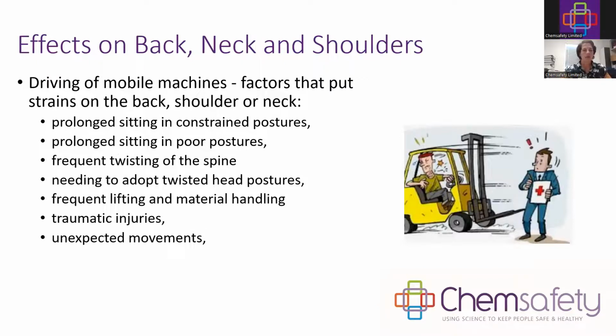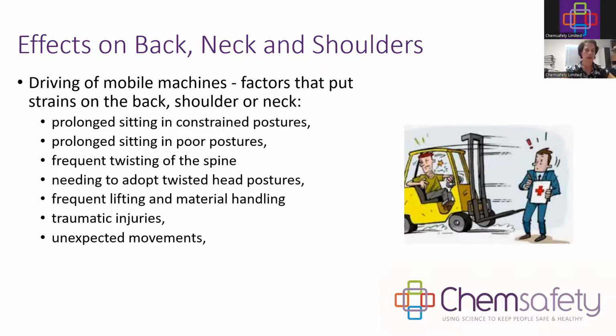So as mentioned just now, driving of mobile machines. Factors that also add strain on the back are prolonged sitting in constrained postures. So basically, if you're operating mobile equipment that has limited space and you have to be in a small position for a long time, it is a good approach just to take a break every now and then and stretch.